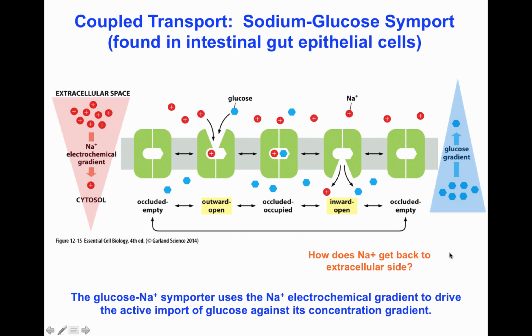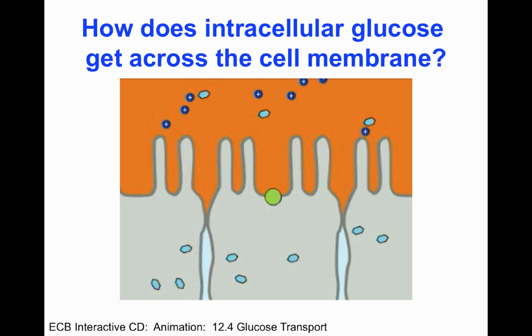We're going to look at that in a little moment, but keep in mind, we are moving sodium ions inside, but the electrochemical gradient of sodium has to be maintained. So eventually we have to pump those sodium ions back to the outside. So think about that point when we look at the next slides.